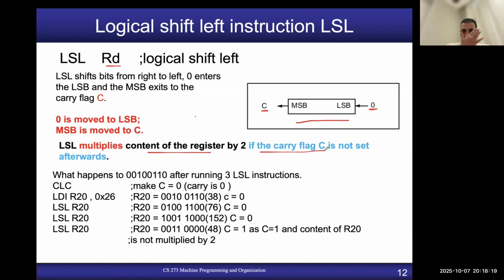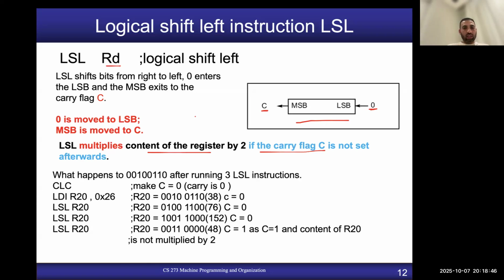What is meant by this is that the carry flag does not become equal to 1, because if it becomes 1, it means the result of the multiplication is big enough that it cannot be contained in 8 bits, and therefore the result is not correct.